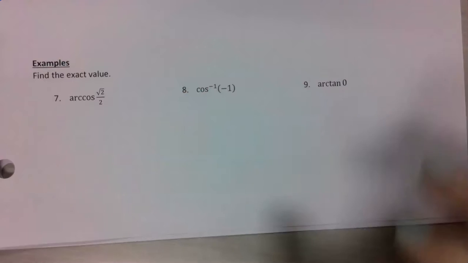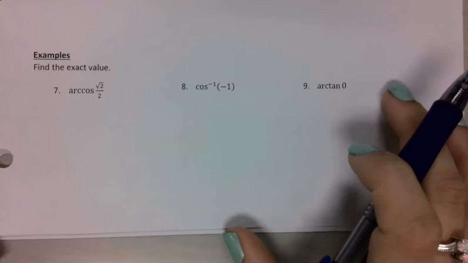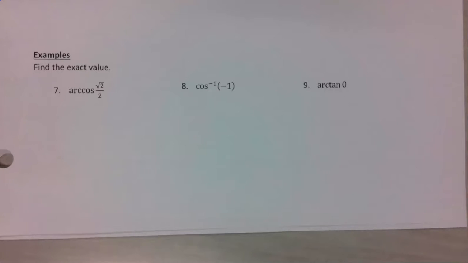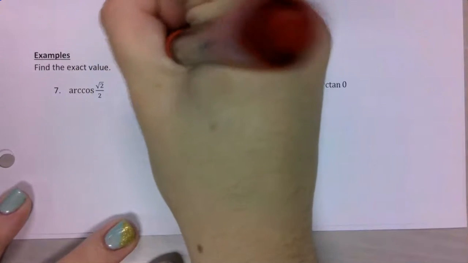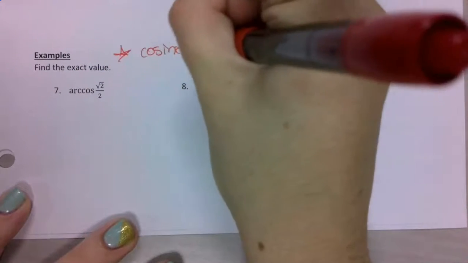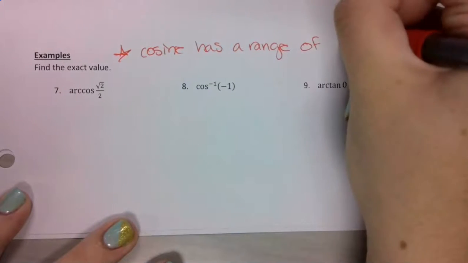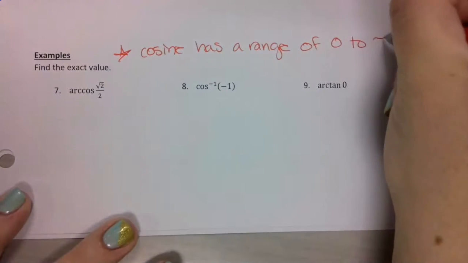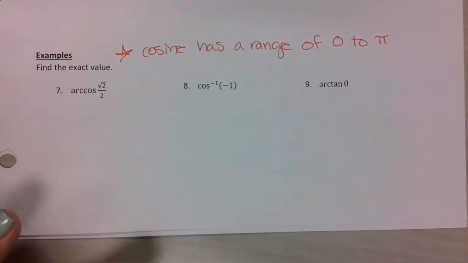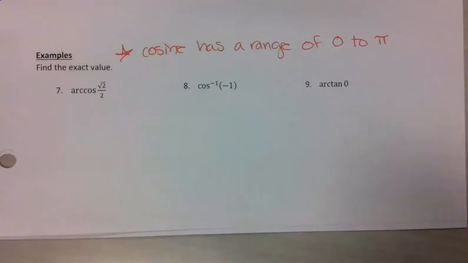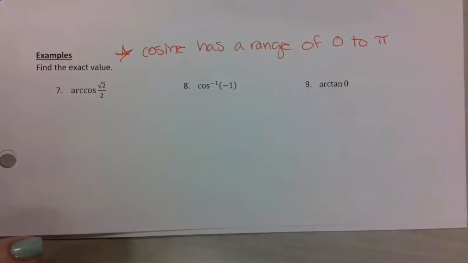Okay, so same ideas for cosine and tangent, but cosine works a little bit differently. Cosine has a range of 0 to pi. So whenever I need to find something and cosine has a negative angle, I actually don't want to leave my answer as negative.